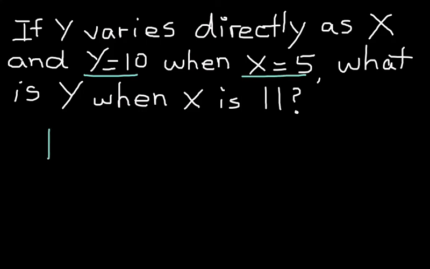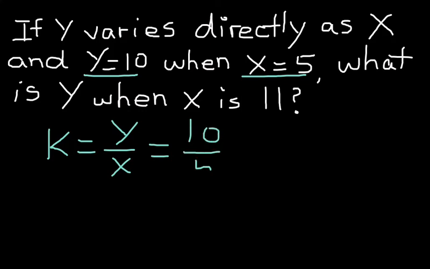Remember, we found just a minute ago that k is equal to y over x. That's our fixed ratio that we used as part of our definition of direct variation. So we simply take 10 for y, 5 for x, and 10 divided by 5 is 2. So k is equal to 2.